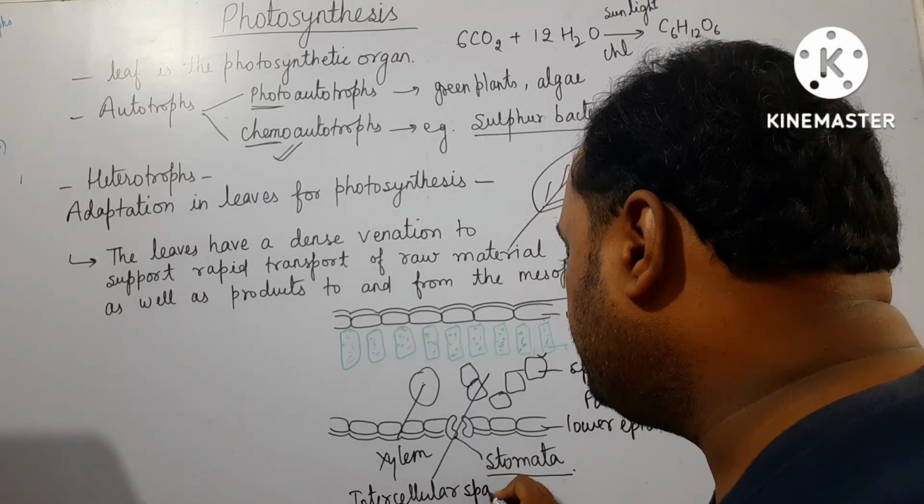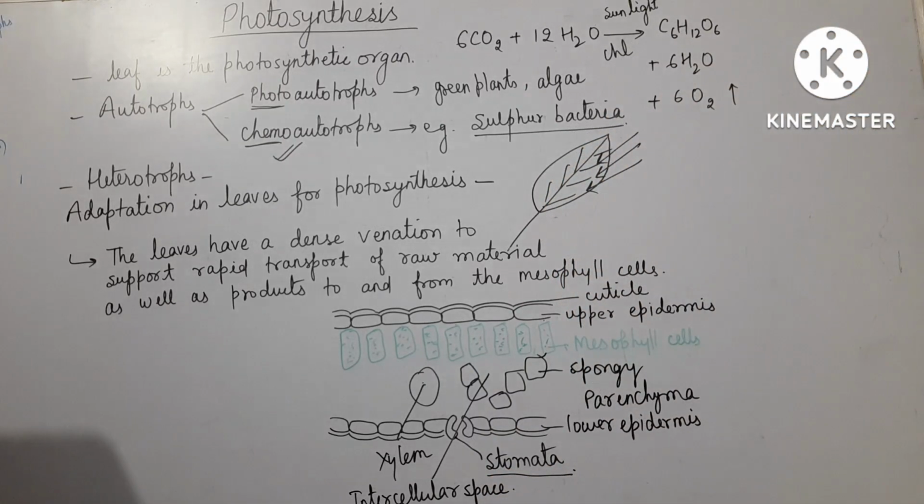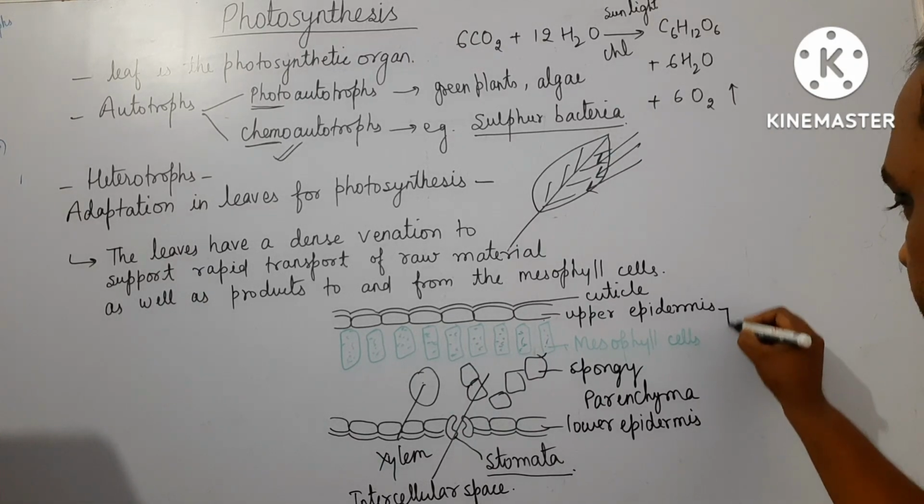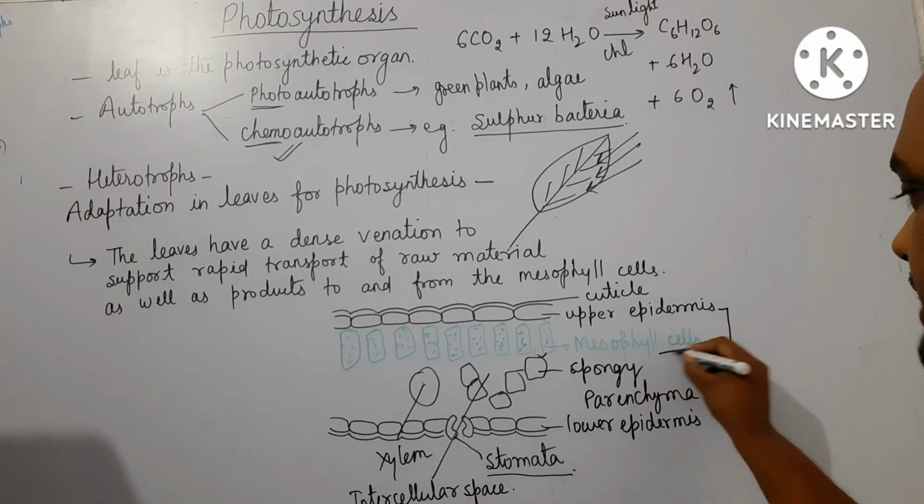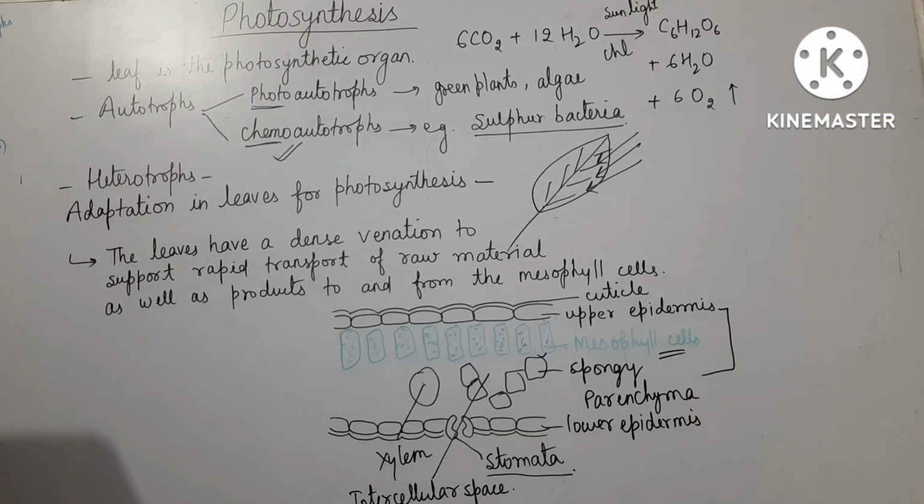So this greenish color area is known as mesophyll cells, where the light molecules will be absorbed and photosynthesis takes place.